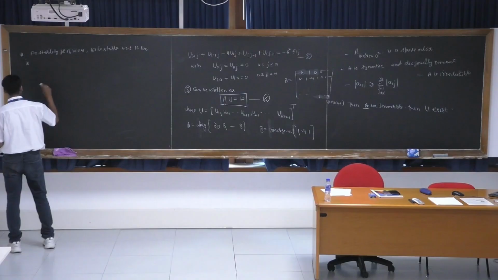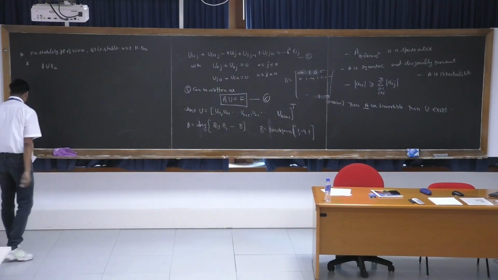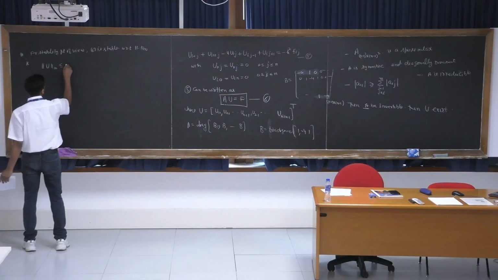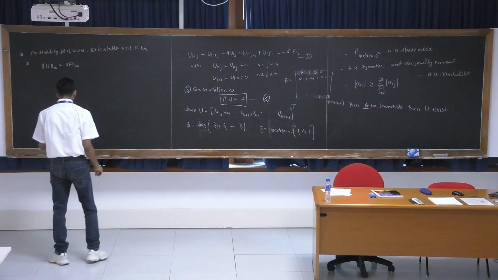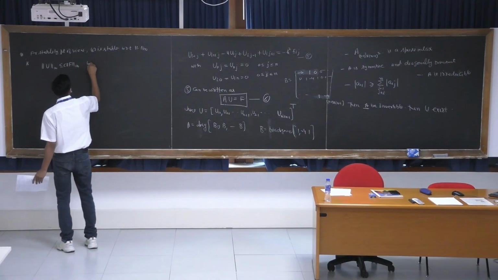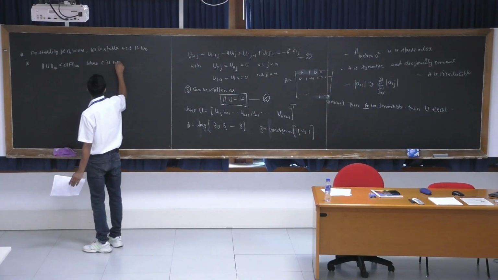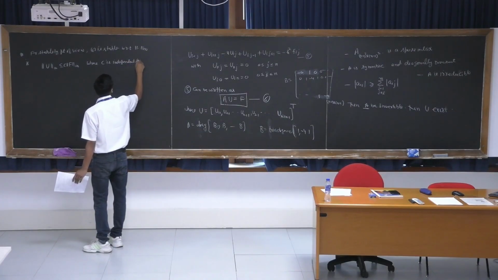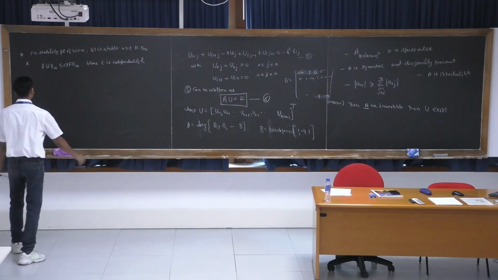This can be written as the norm of U, the L infinity norm, is less than or equal to C times the norm of F, where C is independent of h. h is the step length.